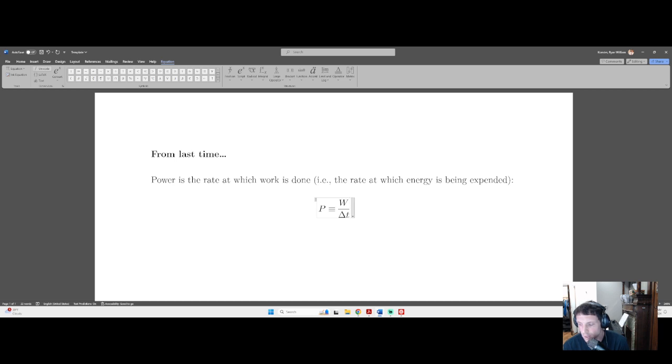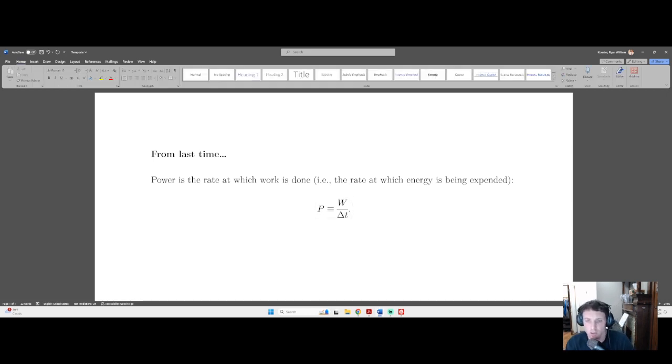It is a scalar, right? Work is a scalar, energy is a scalar, so this is also a scalar. So we could say the total power in a given situation is just the algebraic sum of all the individual powers.